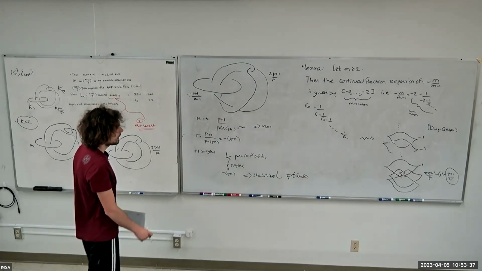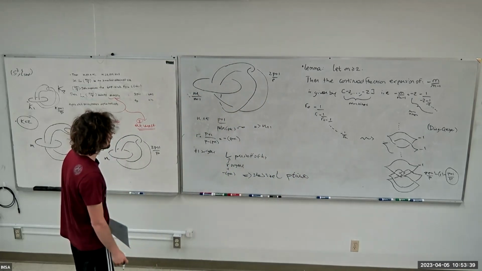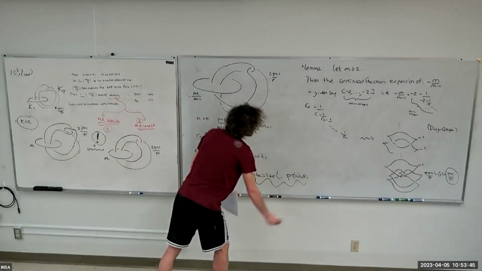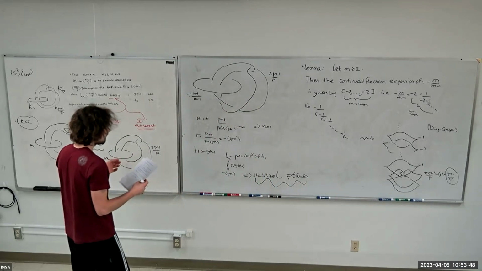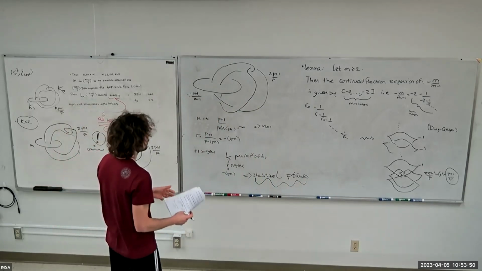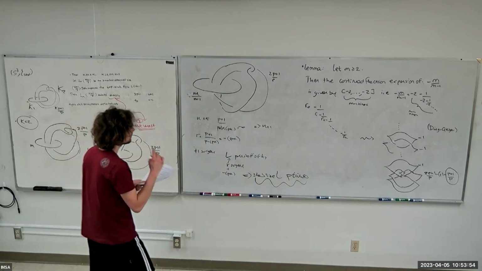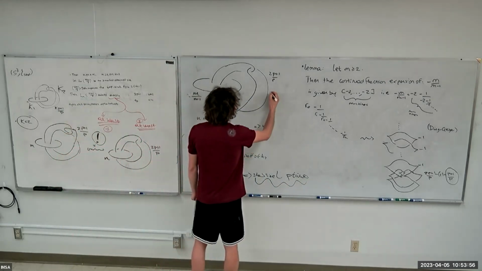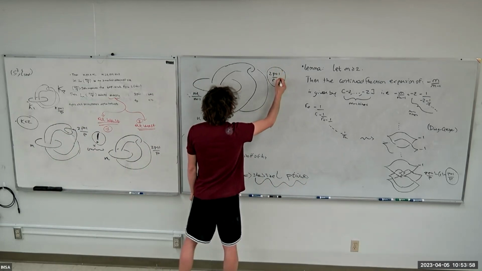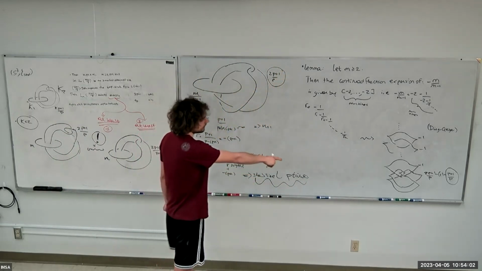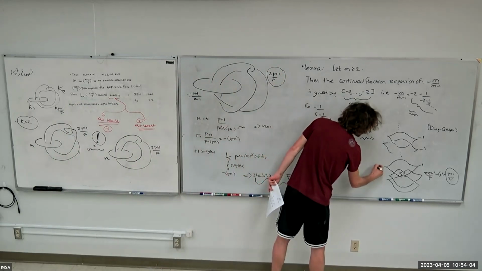Now I want to understand how many possibly distinct tight contact structures I constructed like this. First of all, one thing to notice is that here I'm doing positive surgery on the right-handed trefoil knot with Thurston-Bennequin number equal to 1.